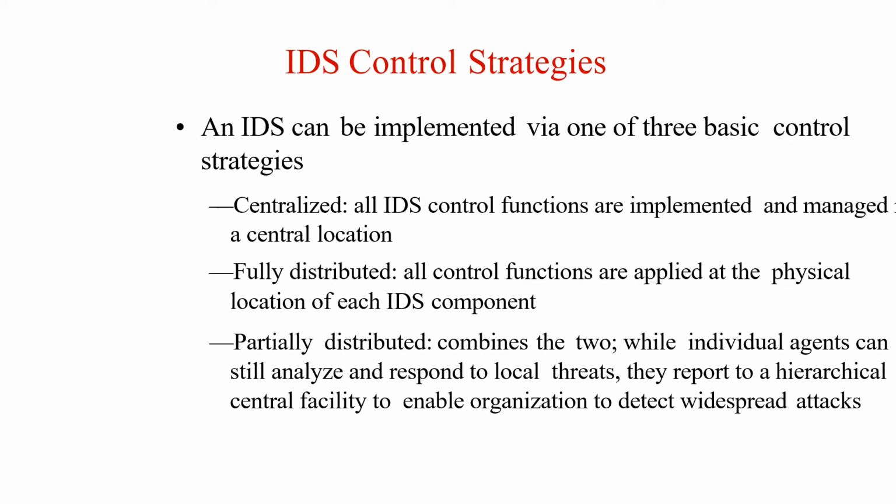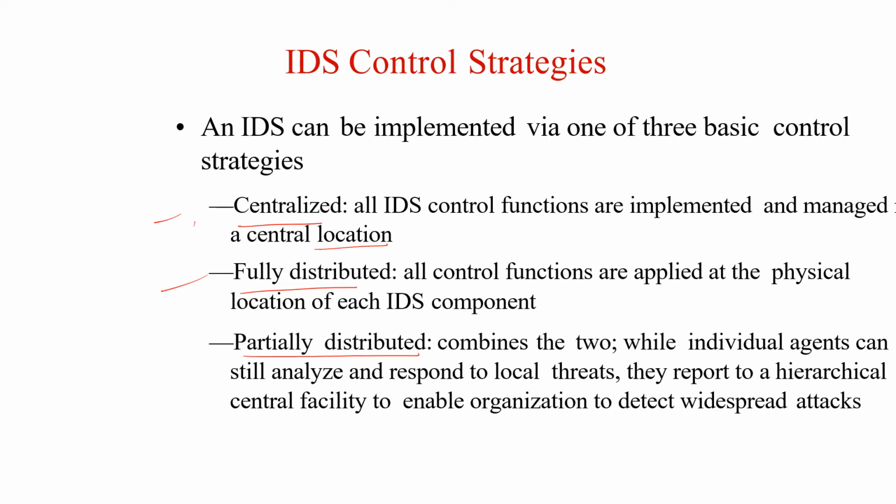IDS control strategies. An IDS can be implemented via one of three basic control strategies: centralized, fully distributed, and partially distributed. In centralized, all IDS control functions are implemented and managed at a central location.